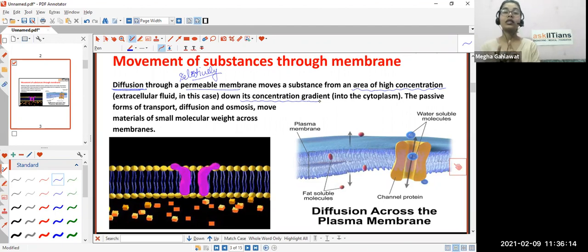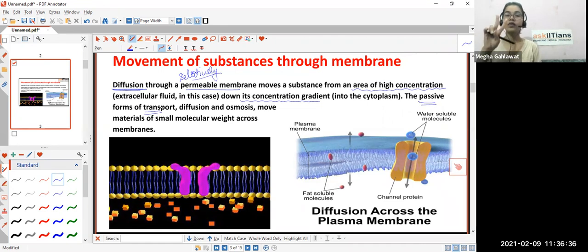Concentration gradient means difference in the concentration of one thing at different places, right? So from higher concentration, it is moving towards its lower concentration. And this is a passive form of transport.